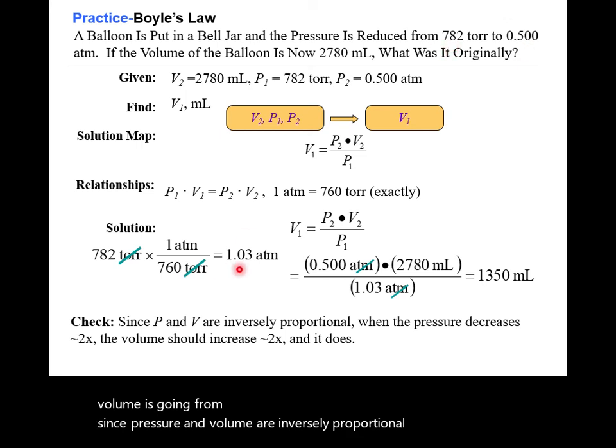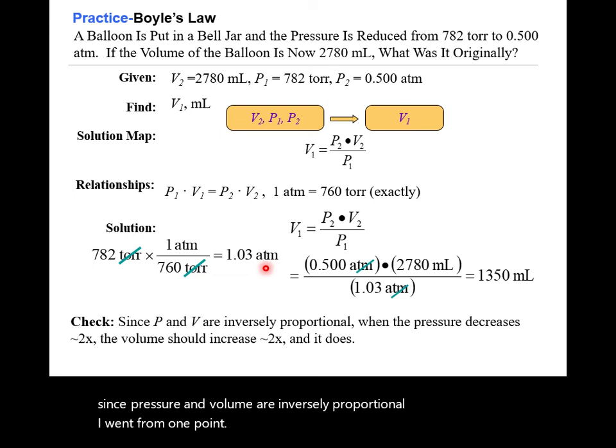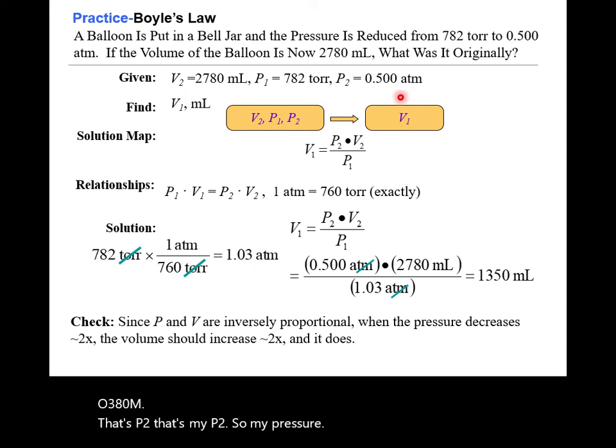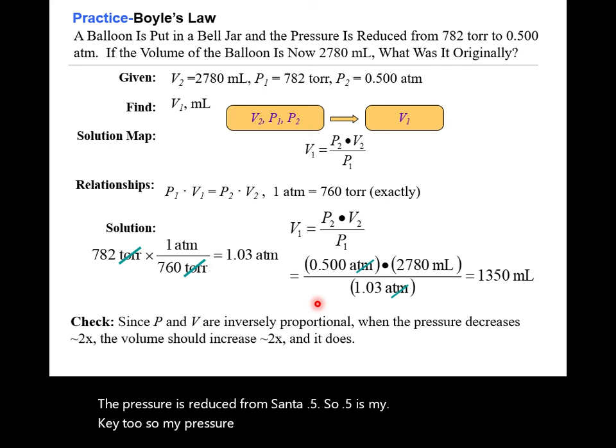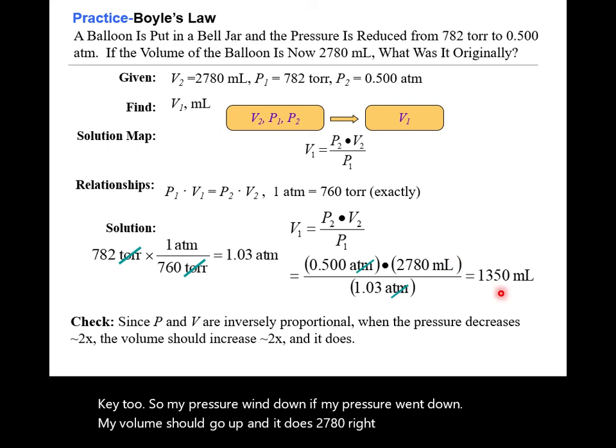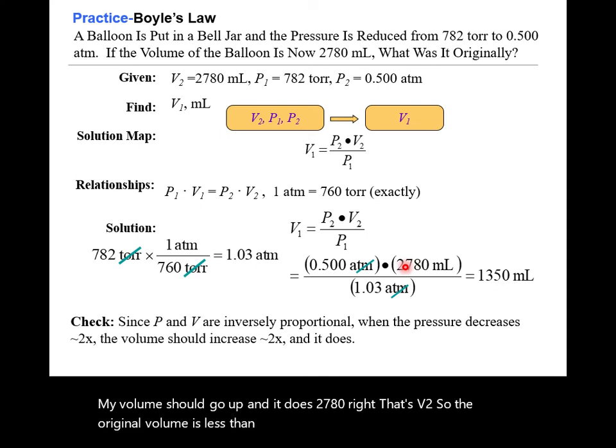I went from 1.03 atm, that's P1, to 0.5 atm, that's my P2, so my pressure went down. If my pressure went down, my volume should go up, and it does, 2780, right? That's V2. So the original volume is less than the volume we're going to get, so it makes sense.